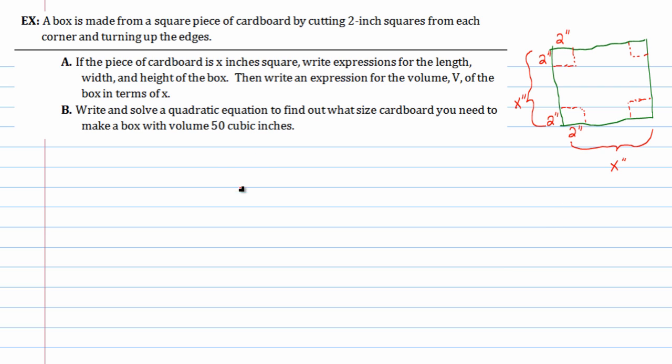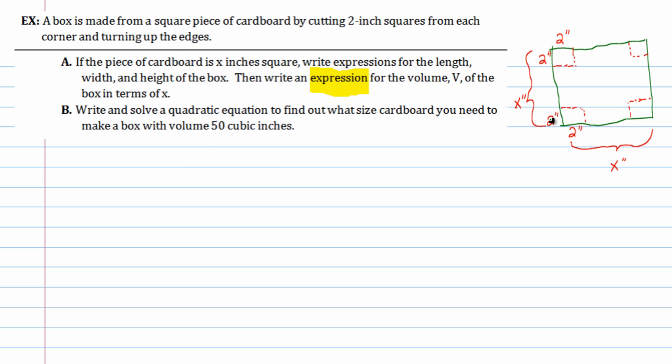Oh well. Let's see. The length of the box, we'll call that L, is equal to. Now, of course, when I write L is equal to, I really shouldn't do that. They're asking me to write an expression, not an equation, but an expression. So maybe I'll instead go ahead and just write an expression.